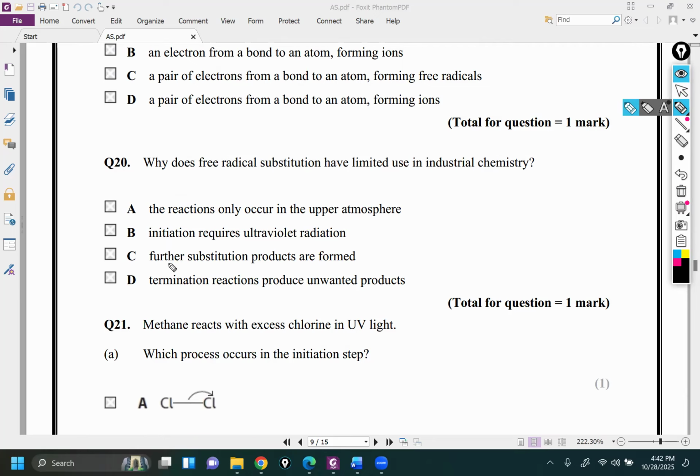Actually, this one, the further substitution products are formed, is the correct option. For this reason, its industrial application is limited because we cannot produce a required product, as it gives a mixture of products and the substitution reaction continues. So this is one of the drawbacks of this reaction.